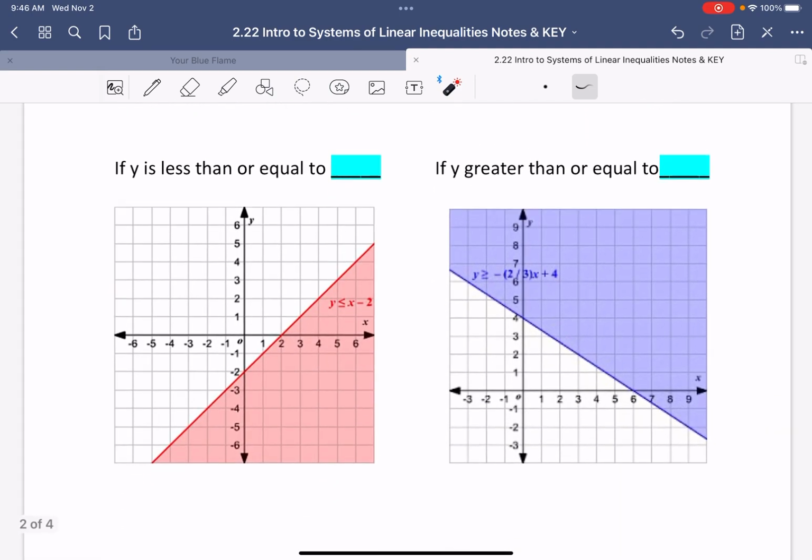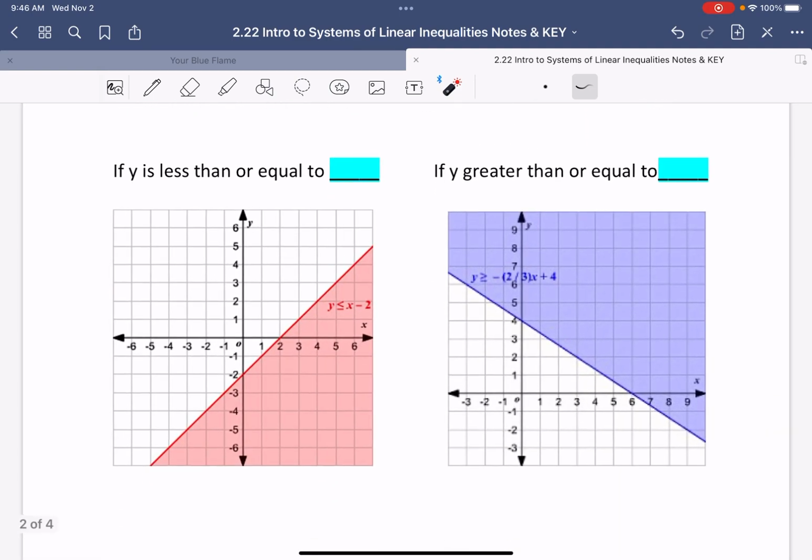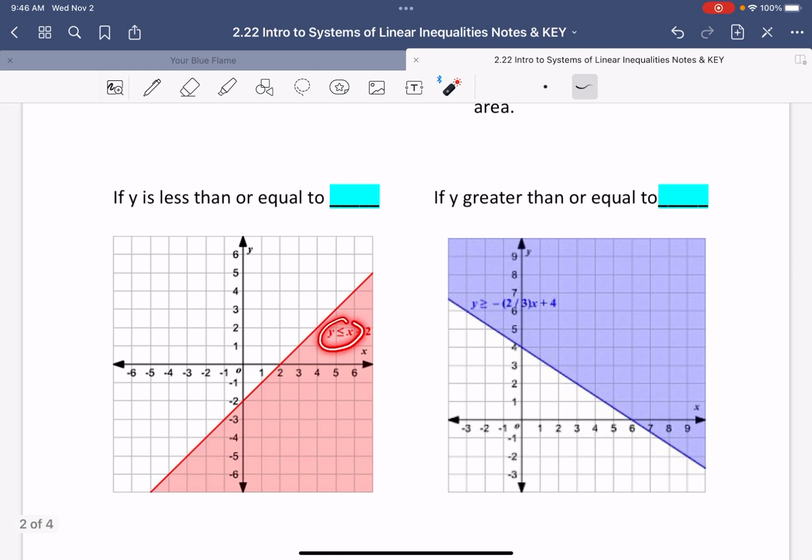All right, let's look at another example. In this instance, we now have a less than or equal to sign. Because it is less than or equal to, you shade everything below the line.